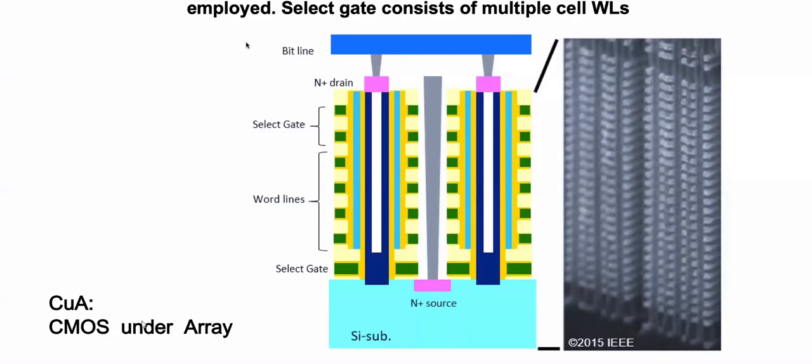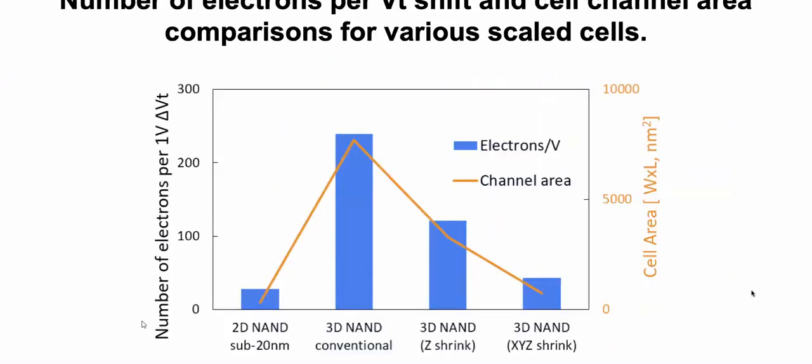So this is not trivial. And by the way, this is how it looks from the cross section. This was actually presented the first time in 2015, but it's only now in full manufacturing. So this lecture is about the future of VLSI, but the future is now.